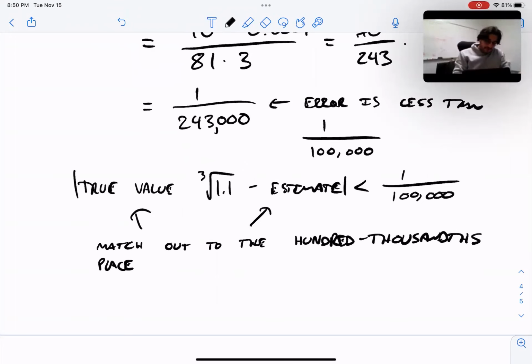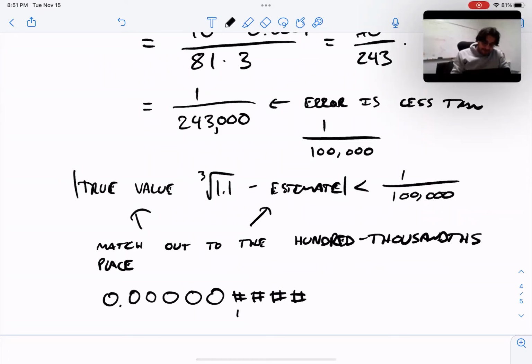You'd get the 10th place, the hundredths, thousandths, and 10,000ths, and even the 100,000ths place, right? And then after that, I don't know. After that, maybe there's all kinds of error on these digits, right? I can't be sure that those are zeros anymore, right? So that's what this argues.